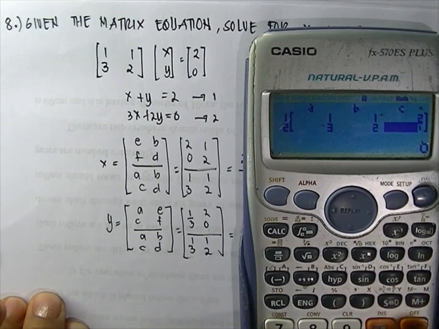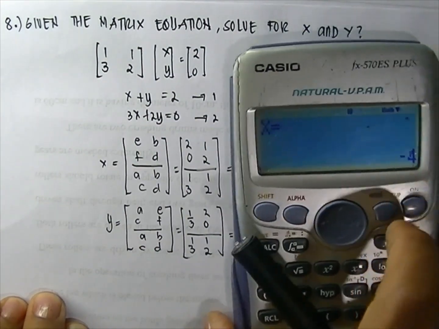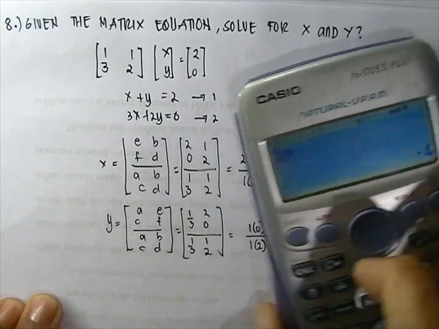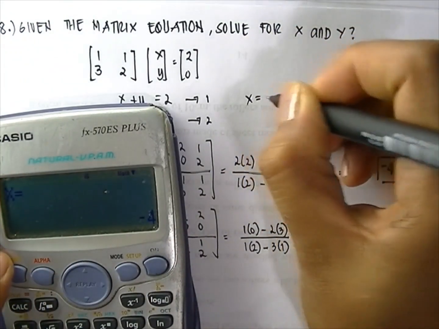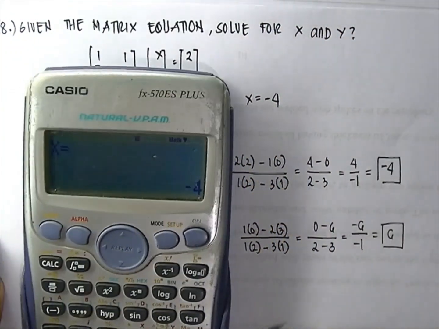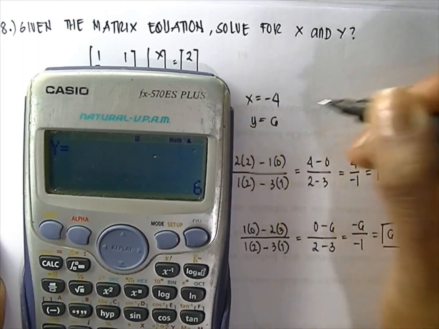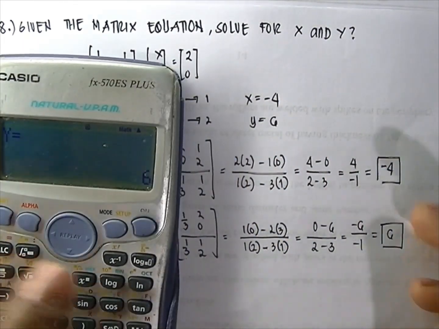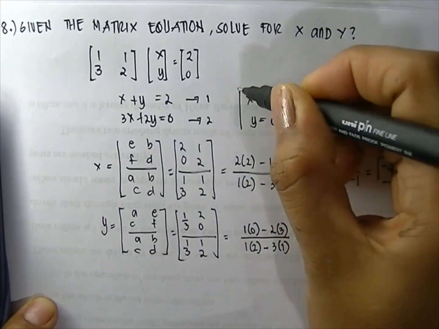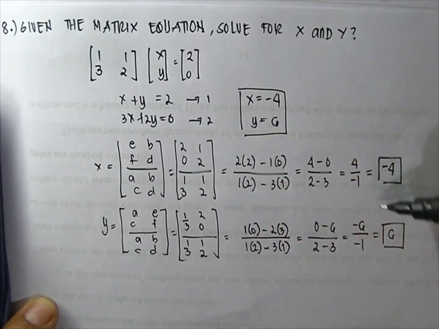So from this, x is negative 4 and y is positive 6. So, using the short method and the long method.